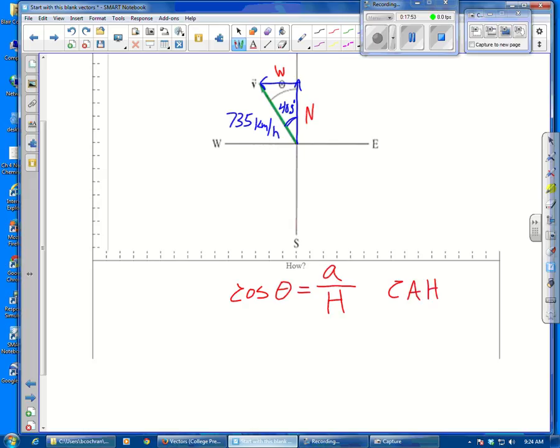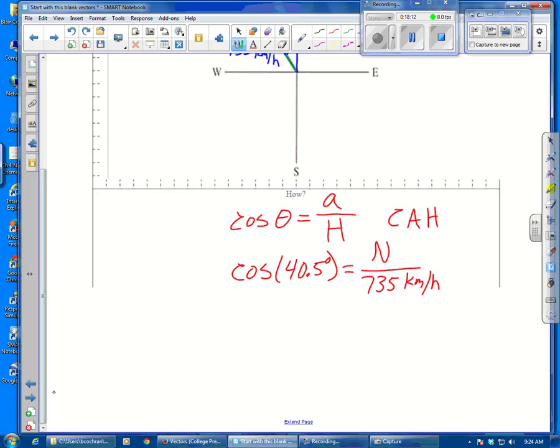That's the CAH part of SOHCAHTOA. So I'm going to put in my values. Cosine of 40.5 degrees equals adjacent, which I called N, over the hypotenuse, which is 735 kilometers an hour. Did everyone see okay?